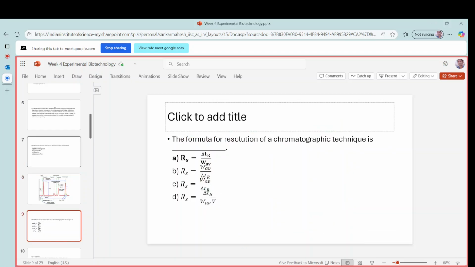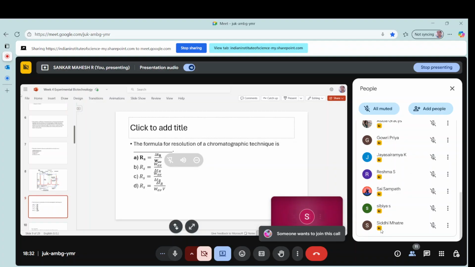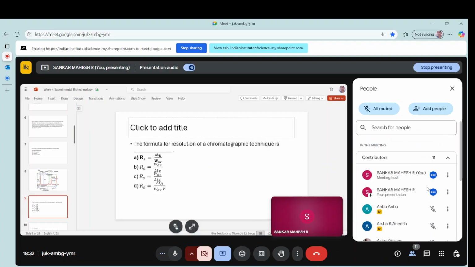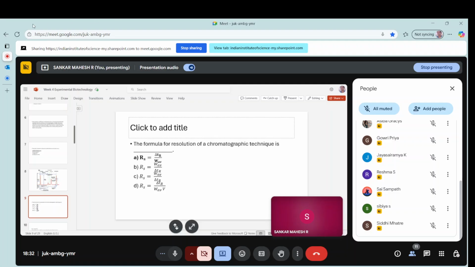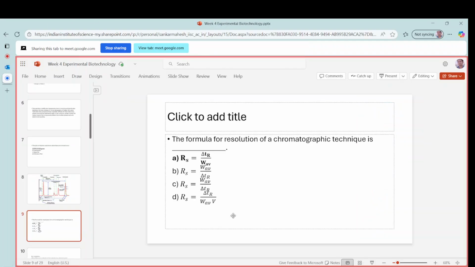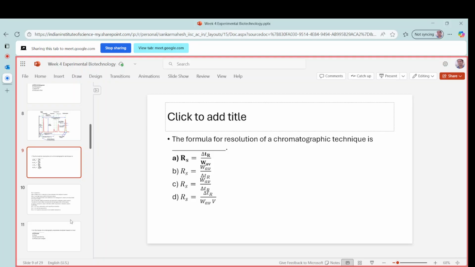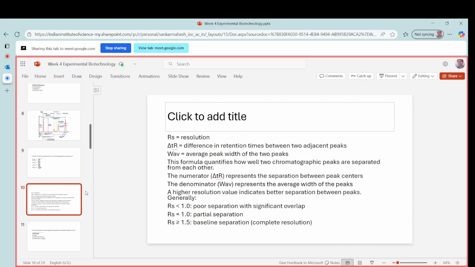And to calculate resolution, we use these different parameters. One is the difference in retention times between the two adjacent peaks, and the other is the average peak width of the two peaks.